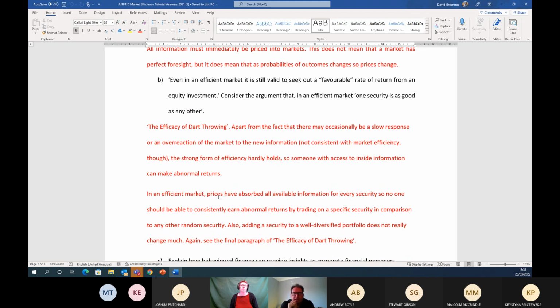Now we'll look at this in a couple of weeks' time when we look at ethics, because there have been a number of very high-profile investors that have consistently made returns that are well above the market returns. One in particular we'll have a look at in a couple of weeks' time. It turned out that these abnormal returns were not what the investors thought they were.